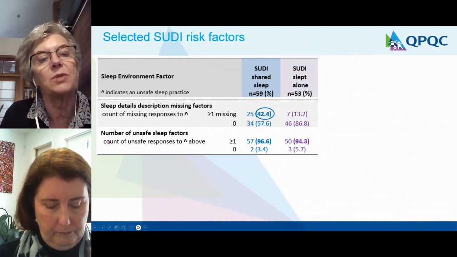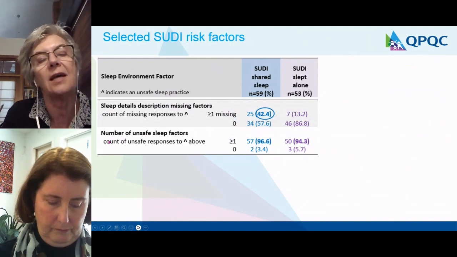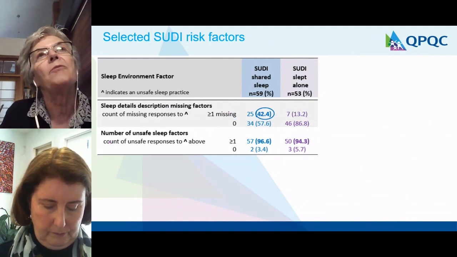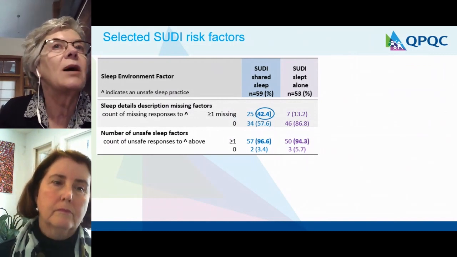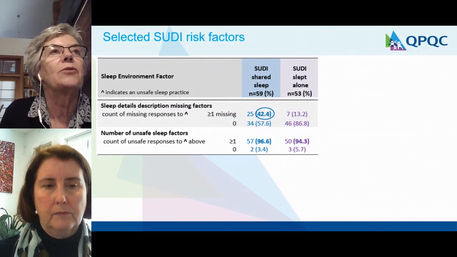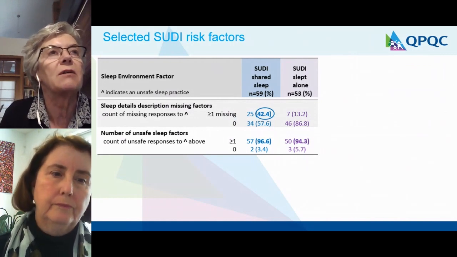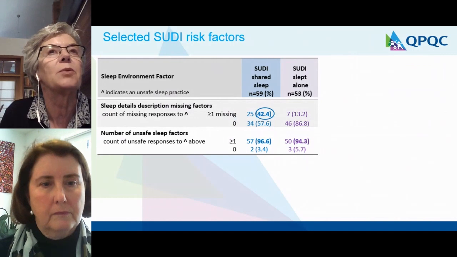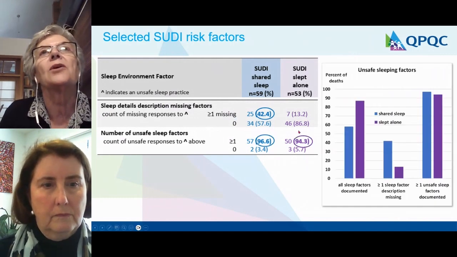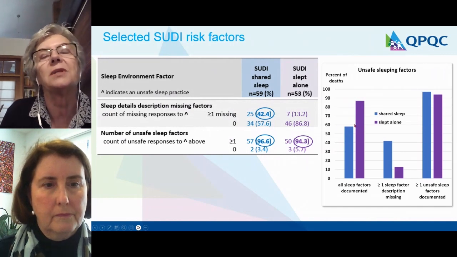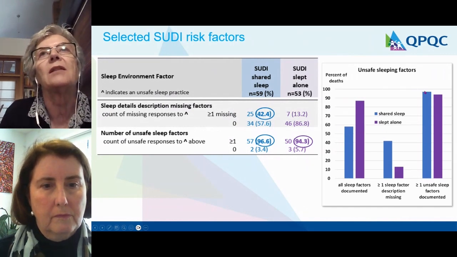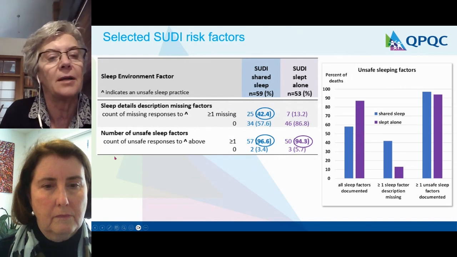The investigation was much more precise for the SUDI who slept alone. Regardless of whether factors weren't mentioned, still almost 100% in both groups had unsafe sleep factors. You remember Sharon mentioned 75%, but we were in the 90% range for both. And so you can see the discrepancy between shared sleep and slept alone where there was documentation of sleep factors, but certainly the unsafe sleep factors were incredibly high.